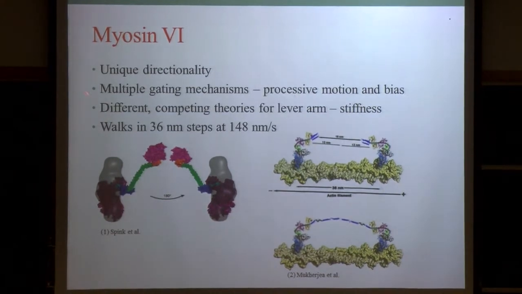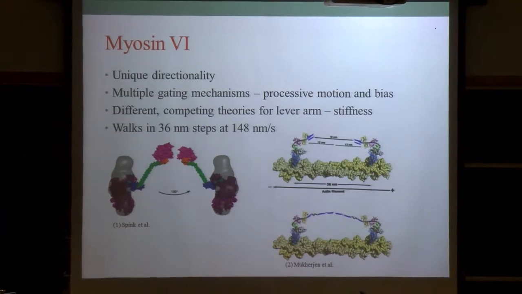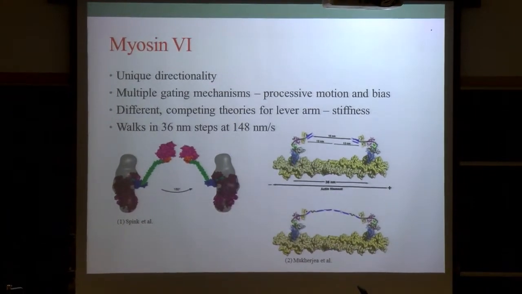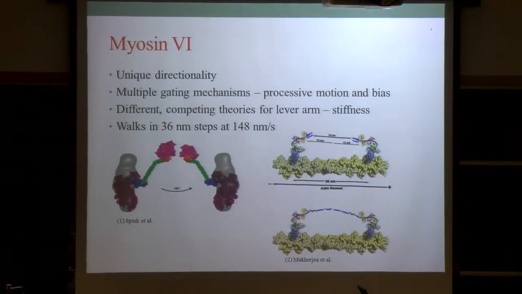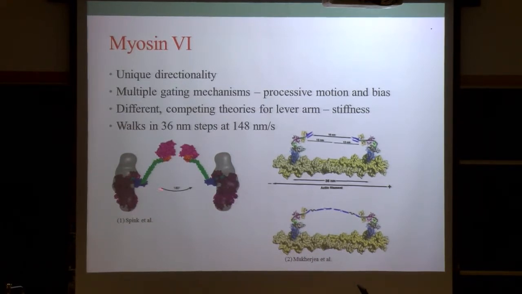So as I was saying, it's a transport protein, but it's a very unique one because it walks in the opposite direction of all the other myosins. All of your other myosins walk from the inside of your cell to the outside. This one, for some reason, we don't know, walks from outside in. And we think it has to do with how this lever arm is attached to the motor domain.